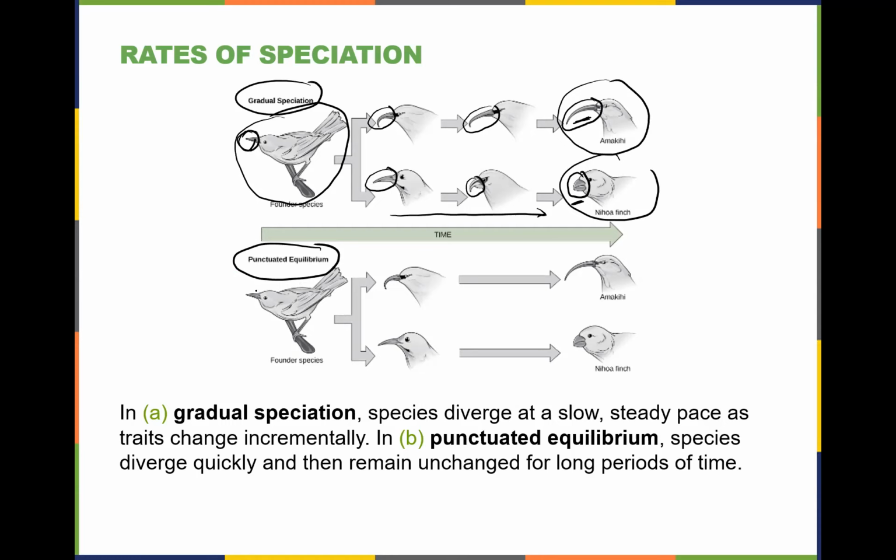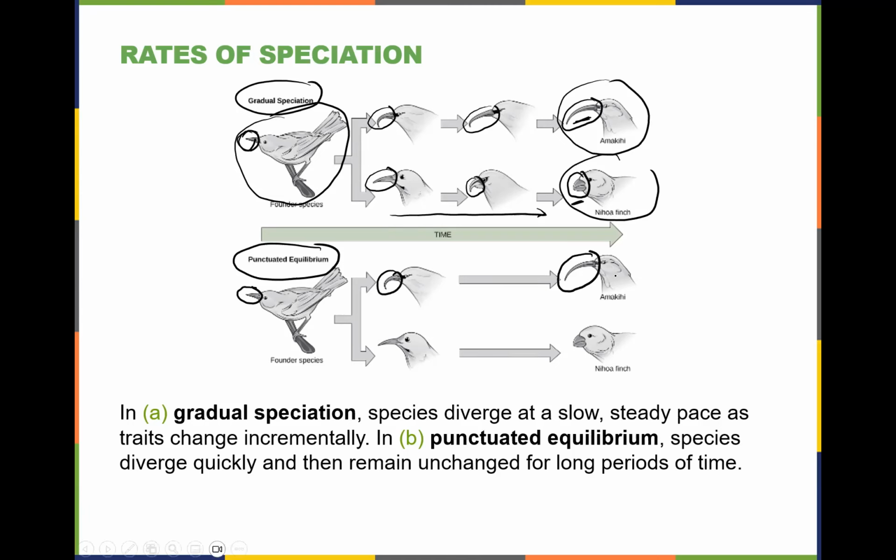The second type, the punctuated equilibrium. Okay, let's say it's coming from the same ancestor over here, the one that has a small beak, and then it changed into this, a little bit longer beak. It stays for a while, for many years, and suddenly it changes into a very long beak.